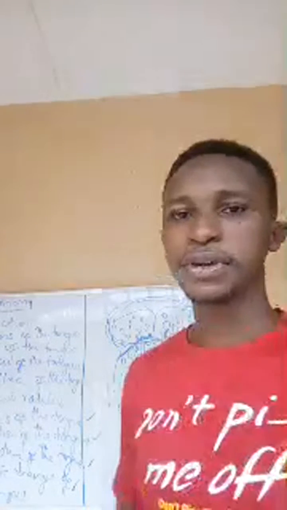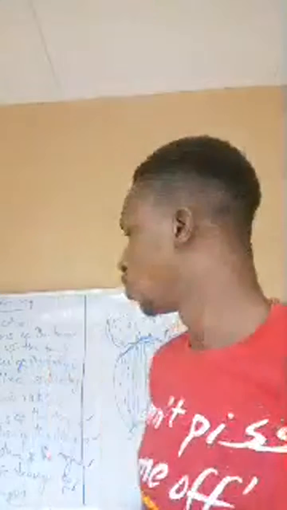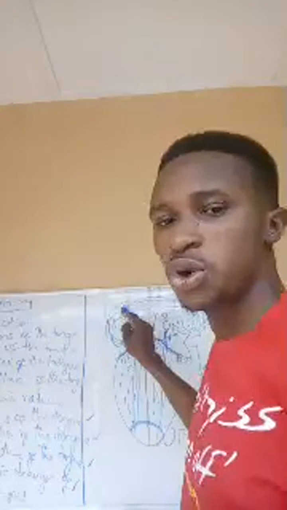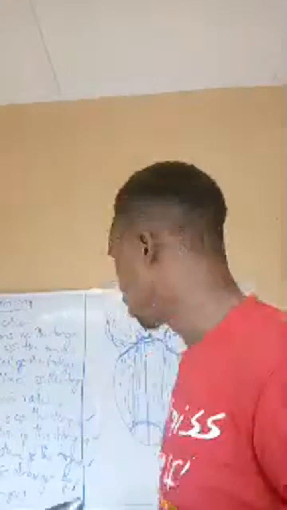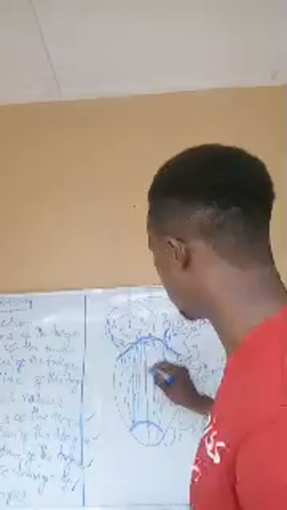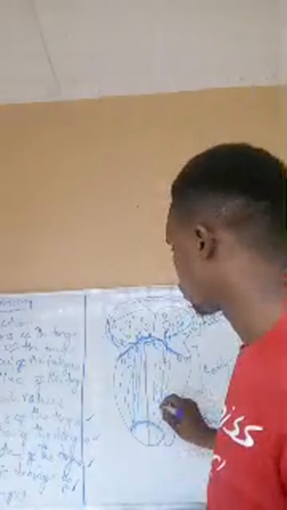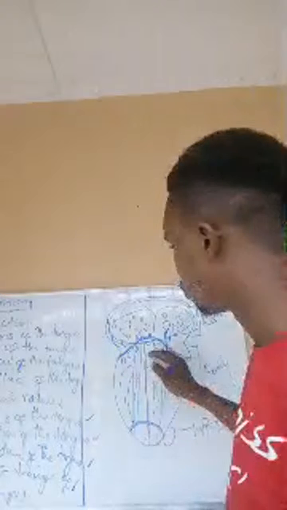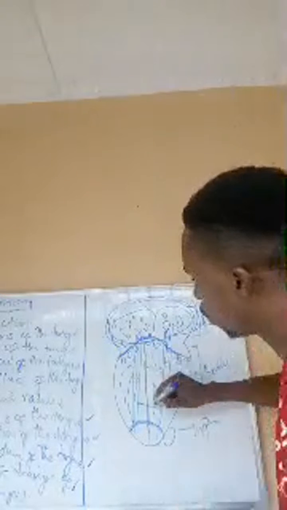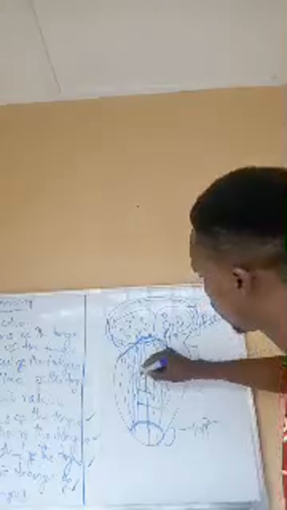So let me repeat that. The root of the tongue drains into the what? Superior deep cervical lymph node. The middle or median aspect of the anterior aspect of the tongue drains into the inferior deep cervical lymph node.